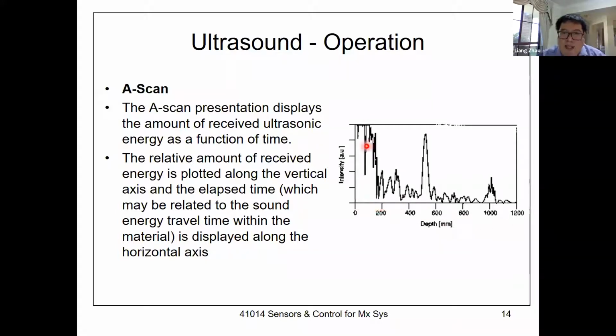On the y-axis is the intensity, which represents the energy of the ultrasound received, and different energy represents the different materials of the soft tissue. All right, so that's the A scan.